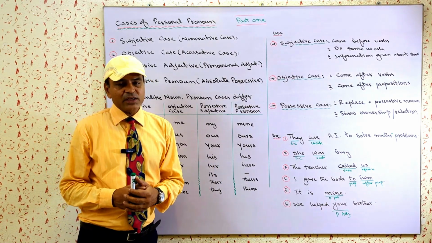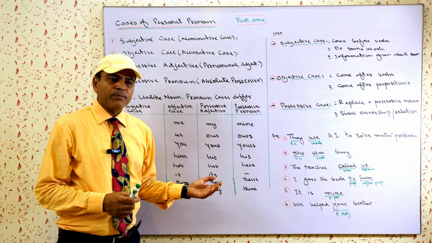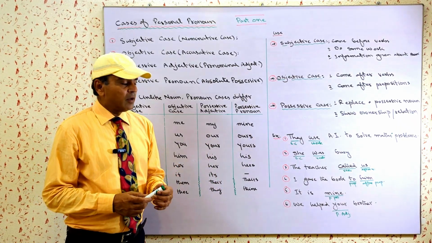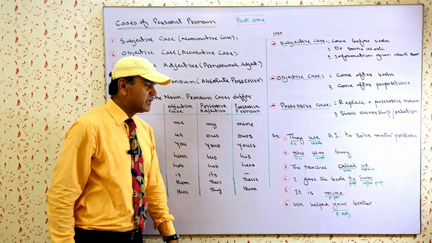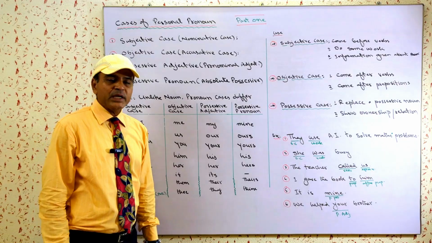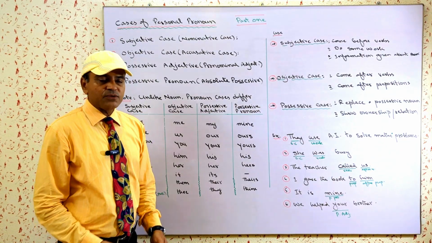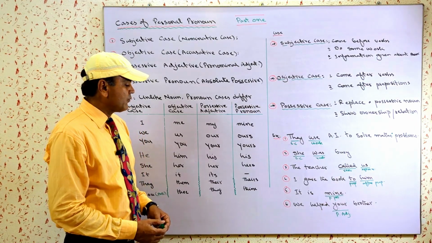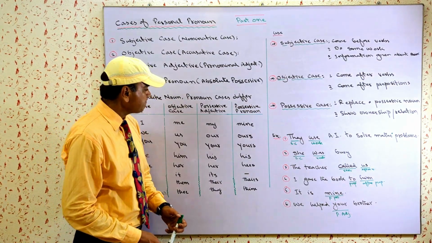But their possessive case was a little different. Only we were adding s and apostrophe. But as far as cases of pronoun are concerned, they are completely changed from each other. That's why I have made a list of them so that you can learn them by heart.